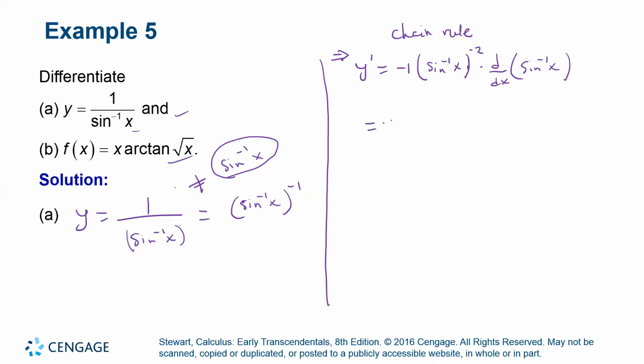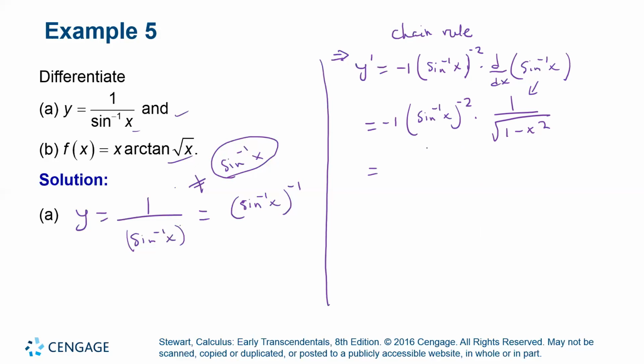So this will give us -1 times arc sine of x, all raised to -2. Then this is 1 over the square root of 1 minus x squared, because that's what we get when we differentiate.